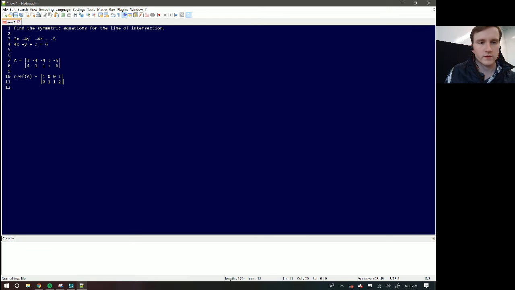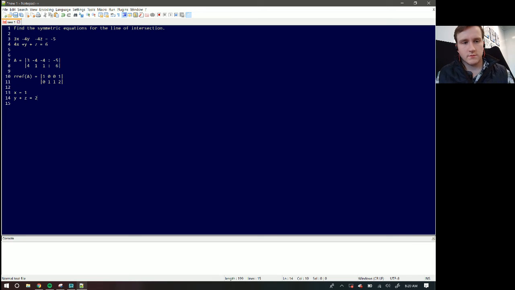When you have the reduced row echelon form, we just take the coefficients, and we end up with x equals 1 and y plus z equals 2. Okay, so that's the set of equations that we need, right?